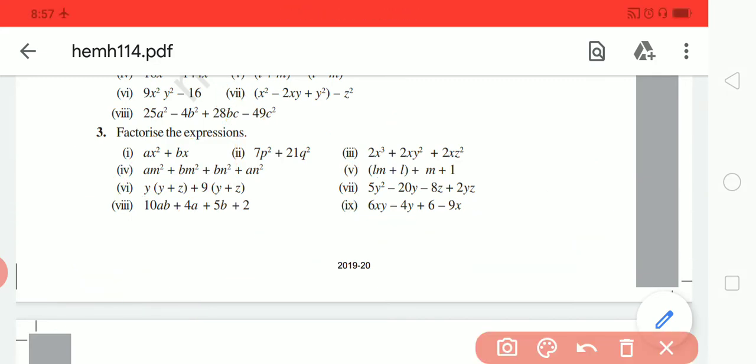So let us come to the last part of the question. You can see 25a square minus 4b square plus 28bc minus 49c square. So see here, we have to check, 28bc is not a perfect square term, all others are perfect square terms.